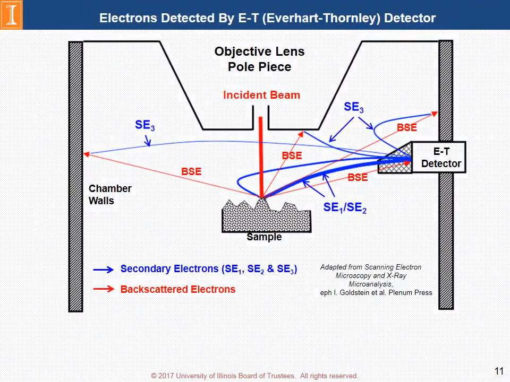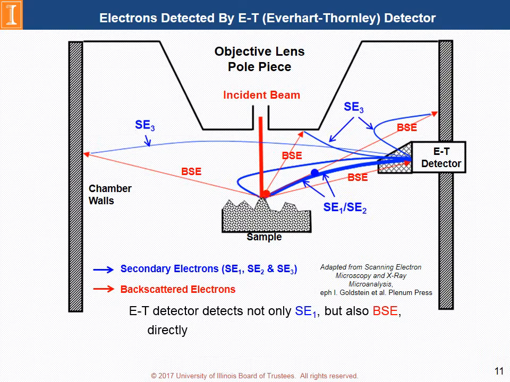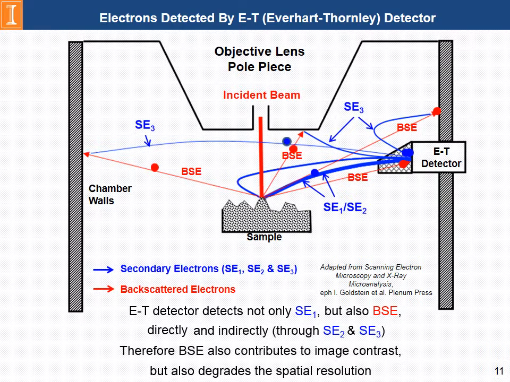As a matter of fact, the ET detector detects not only SE1 but also BSE directly when the BSEs are scattering towards the ET detector, and indirectly through SE2 and SE3, since both SE2 and SE3s are generated by backscattered electrons.